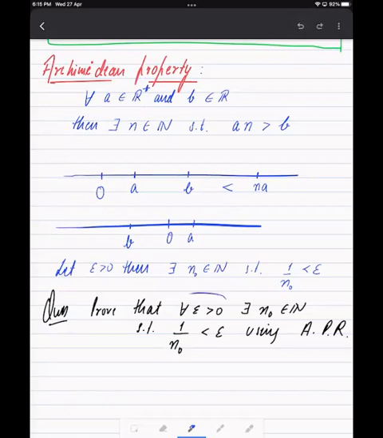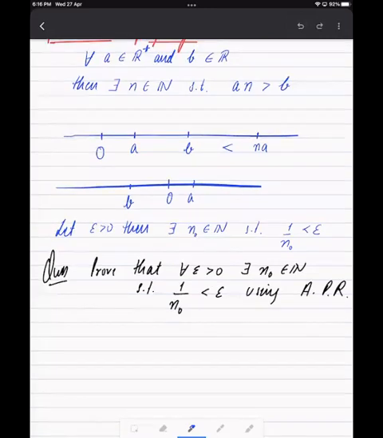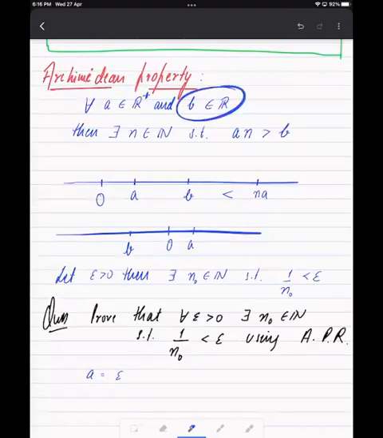So here, that A can be replaced by epsilon. So in APR, in place of A, I'll use epsilon. B is any real number. Can I take B equal to 1? Any real number, so 1.